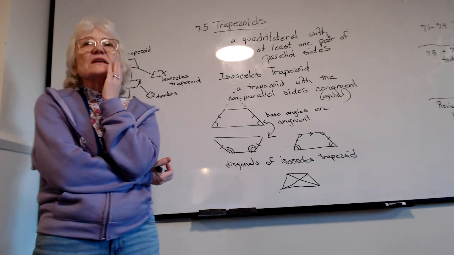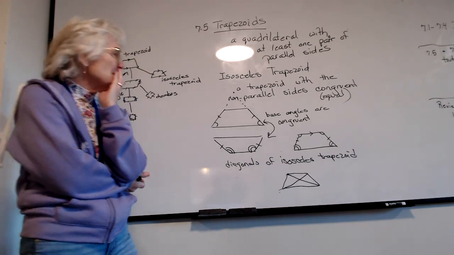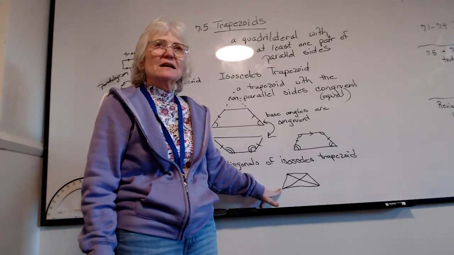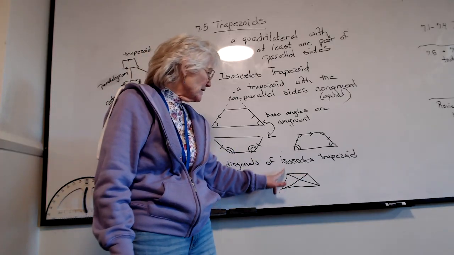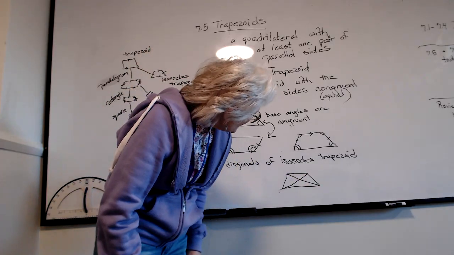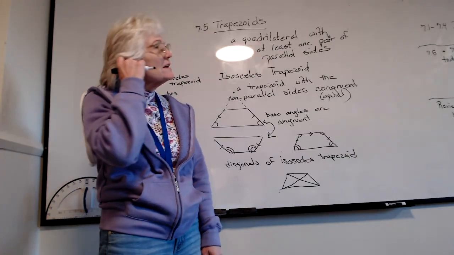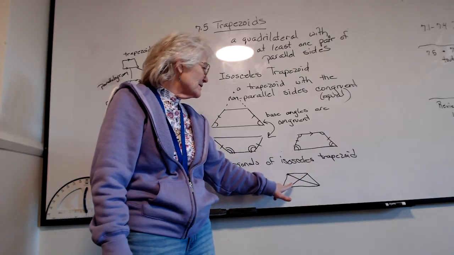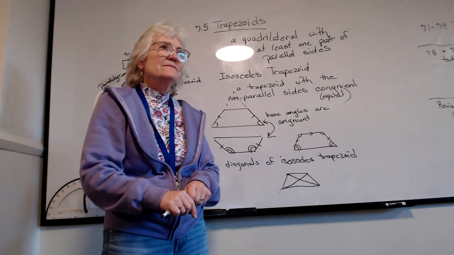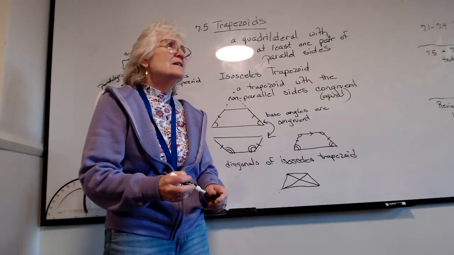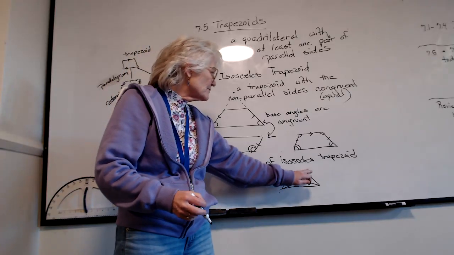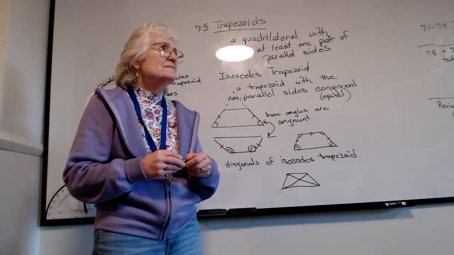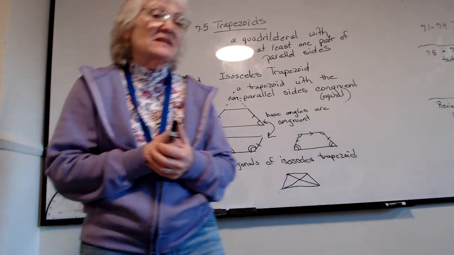No, they don't bisect each other, never mind. The top ones are congruent and the bottom parts would be congruent. So they don't bisect, but they do form vertical angles with the top pair being equal and the bottom pair being equal. So that's basically 7.5.